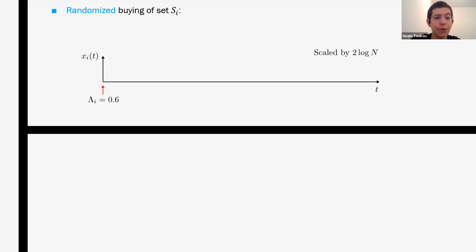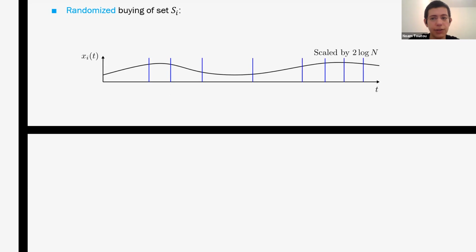We're going to draw a random threshold from between 0 and 1, in fact, between 0 and 1 over 2 log capital N, since this is scaled by 2 log capital N. And once the total buying of the set in the fractional algorithm, that's XIT there in the graph, has reached that threshold, we buy the set Si in the integral algorithm, and we redraw the threshold, again from 0 to 1 over 2 log capital N. Once the threshold is reached, we again buy the set, and again redraw the threshold, and so on. And this is done for every set in the universe.